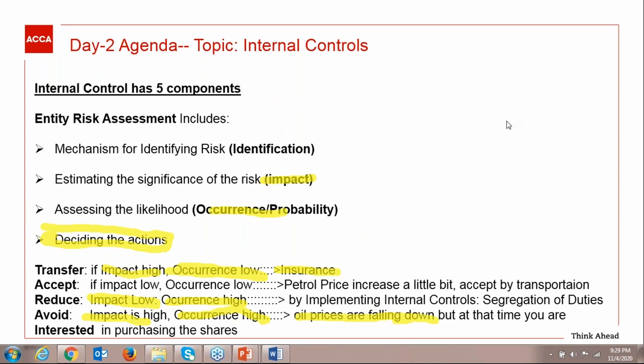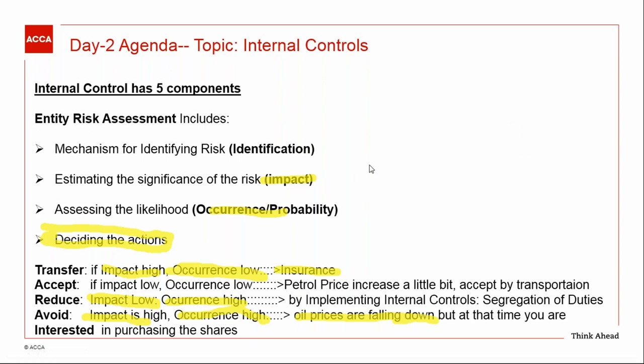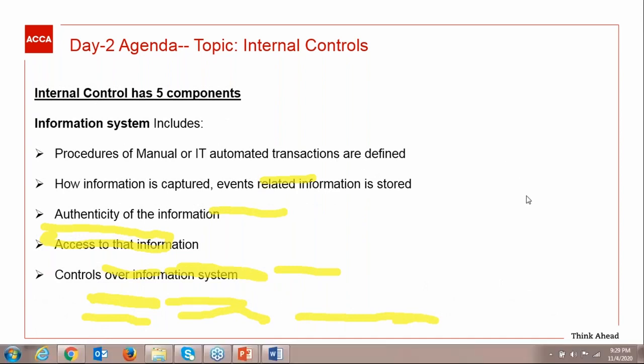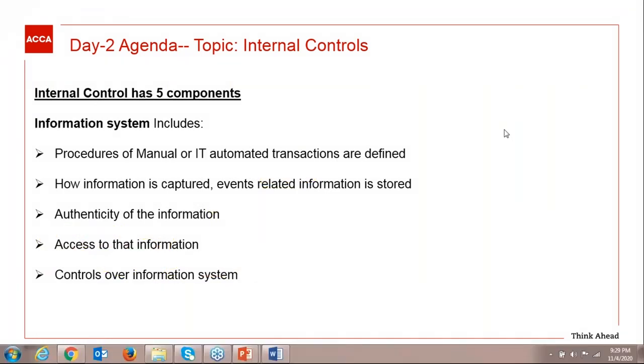Now we are going for the third component, that is information system. This is the third element of the internal control.